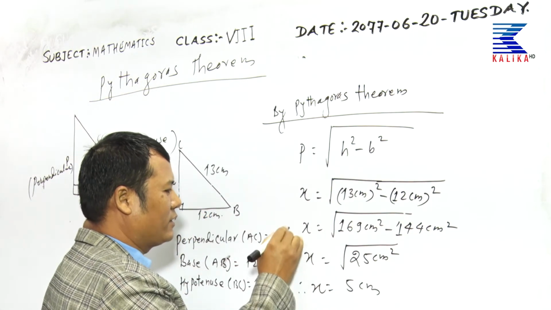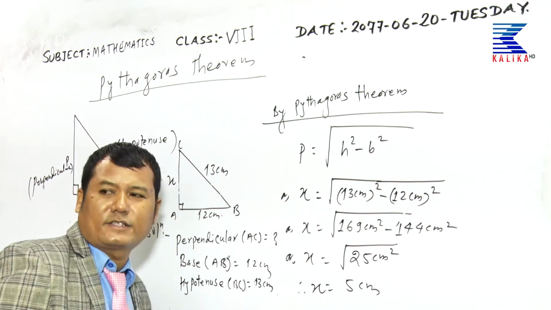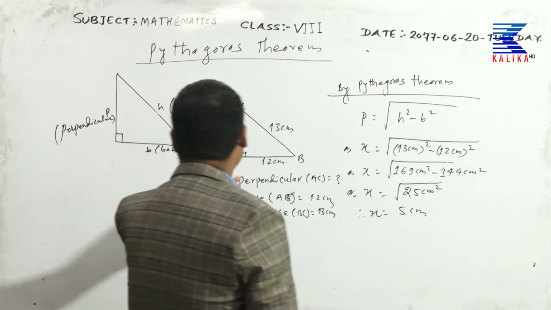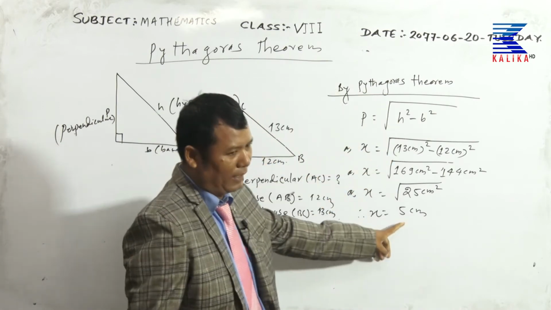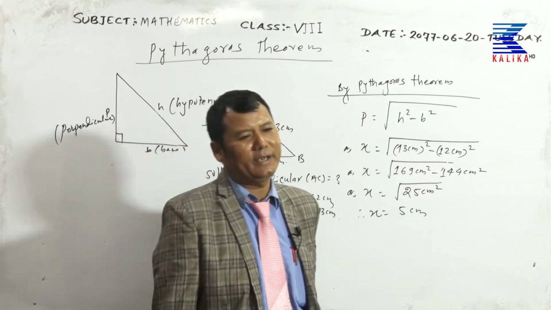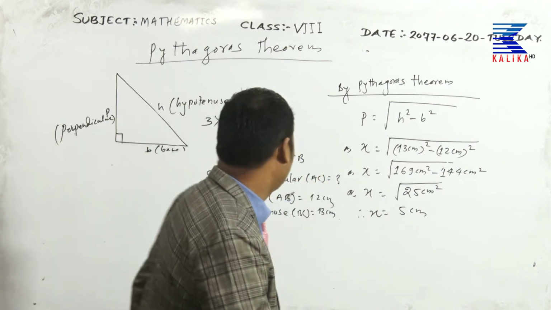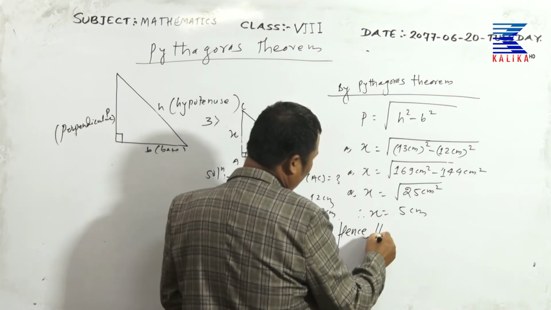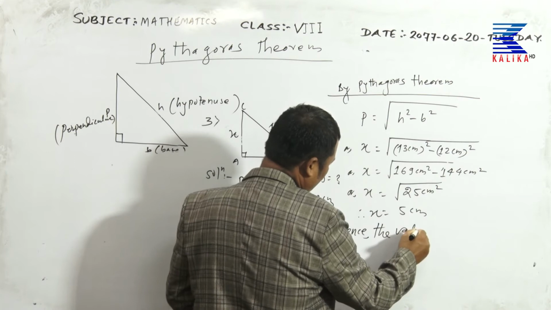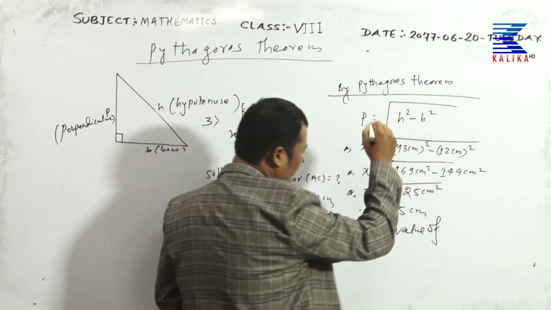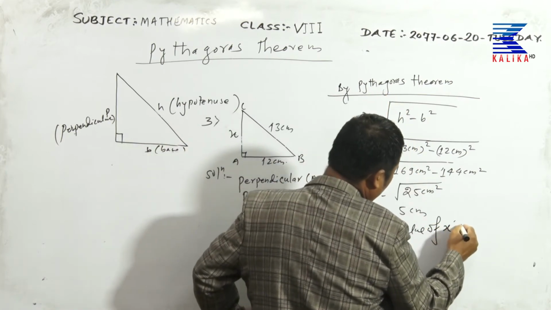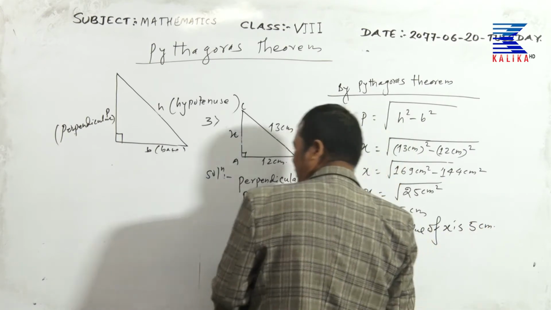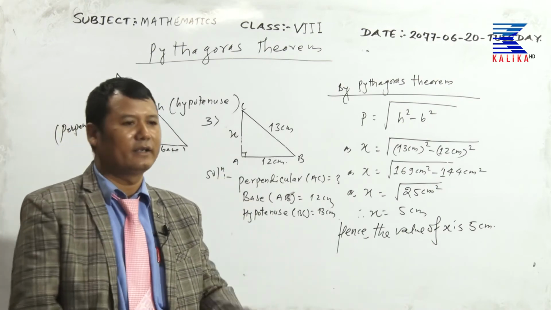Therefore x is equal to 5 cm. The unknown value x, the perpendicular, is 5 cm. It is the required answer.